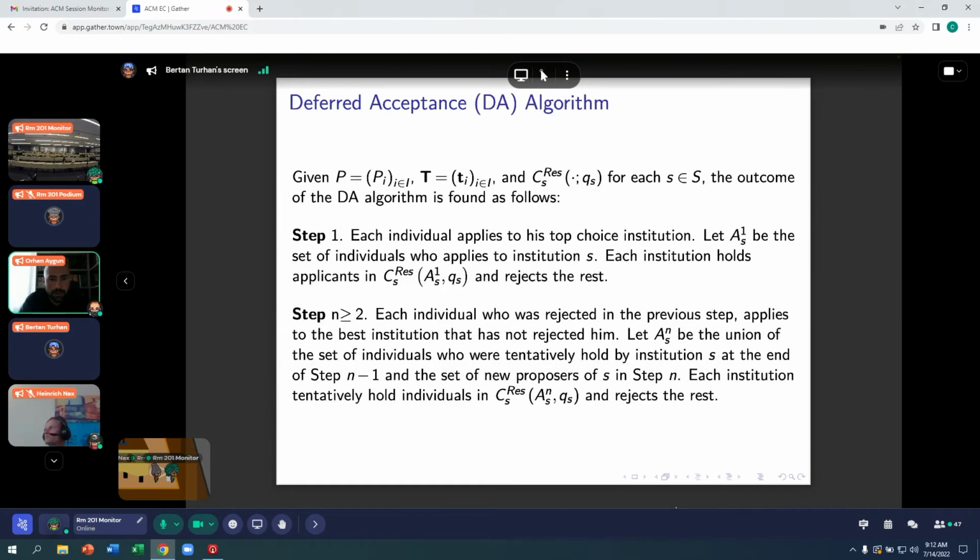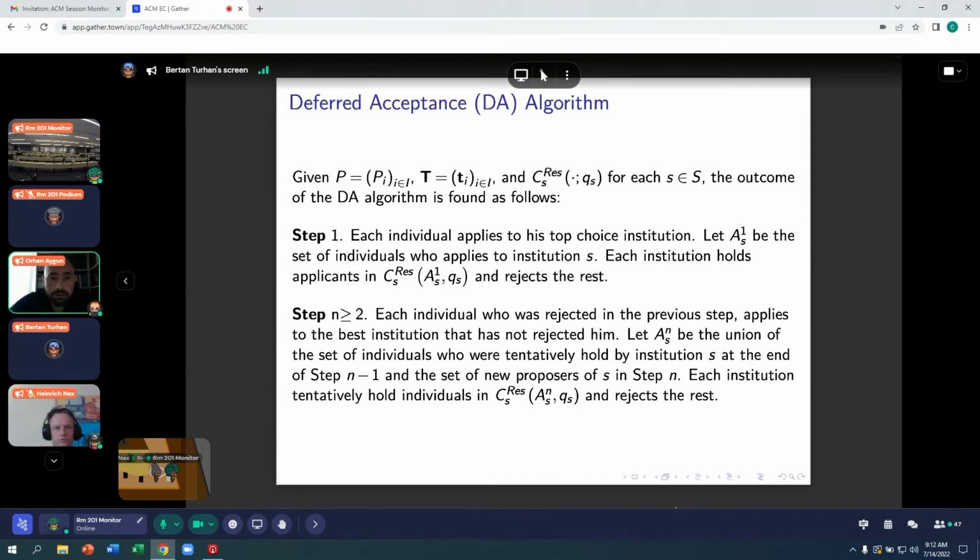Okay, so how do we construct an outcome here? The best way we have is using the deferred acceptance algorithm, the student proposed deferred acceptance algorithm, of course.